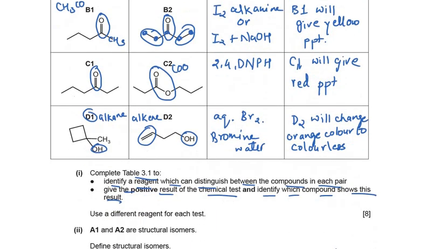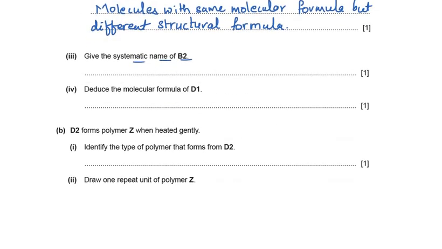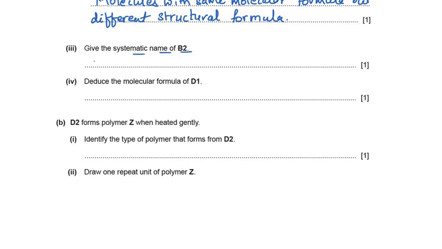So if we name it systematically, pentane will definitely come, but it is a ketone on the third position, so we can write it as pentan-3-one. It is the systematic name because it has 5 carbon atoms with the ketone group on the third carbon.